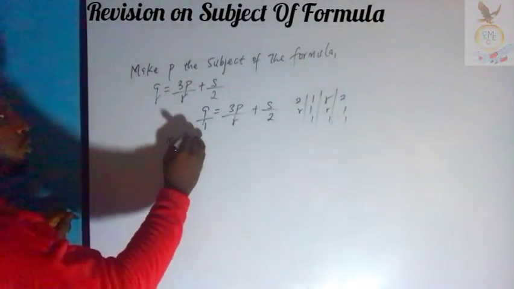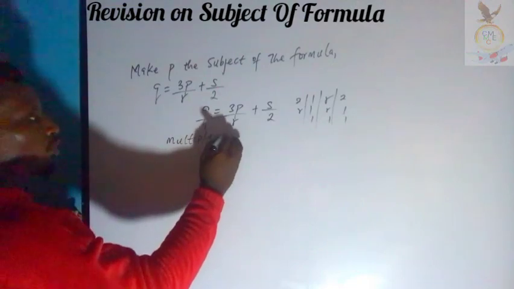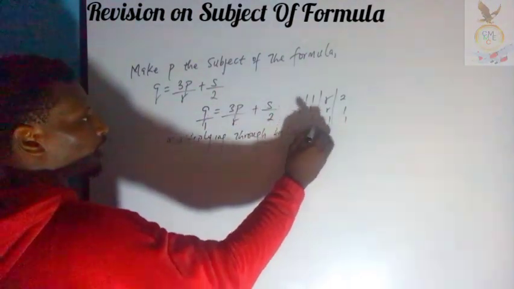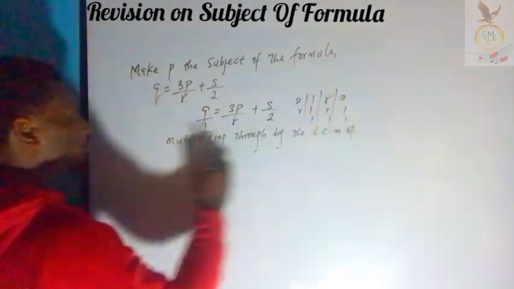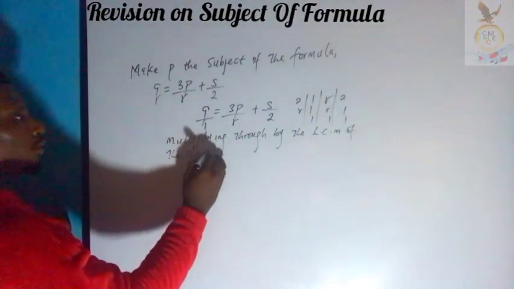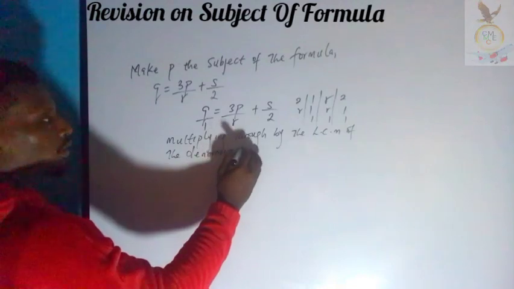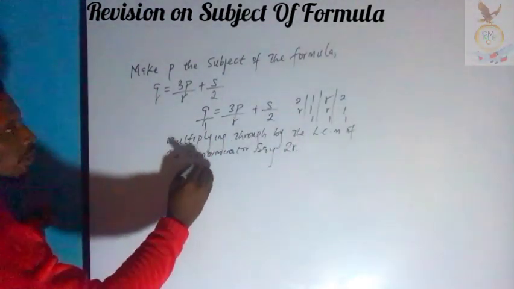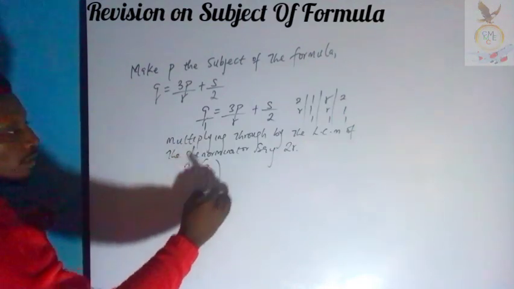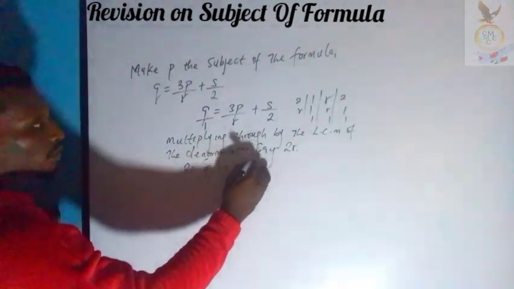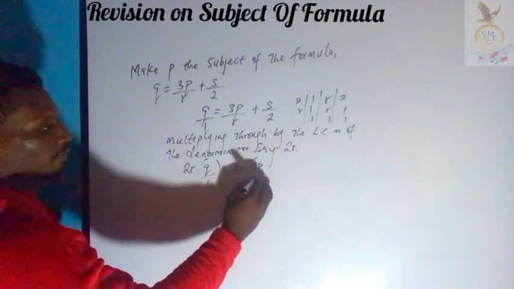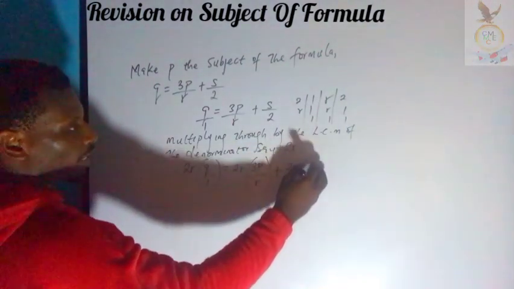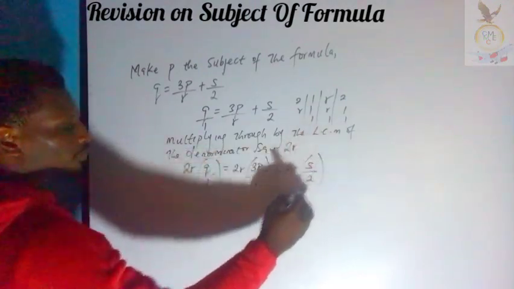So multiplying through by the LCM of the denominator, that is 2r. So that is 2r times q divided by 1 is equal to 2r times 3p divided by r plus 2r times s divided by 2.